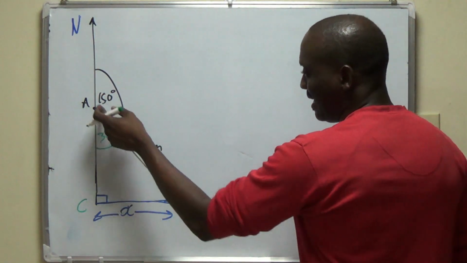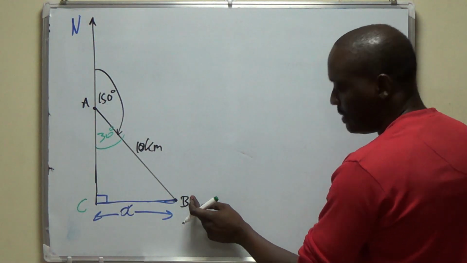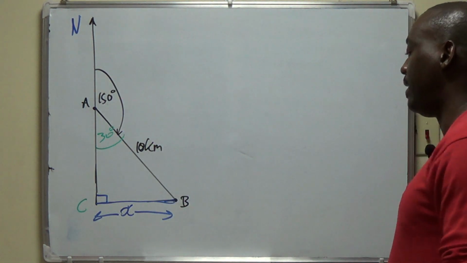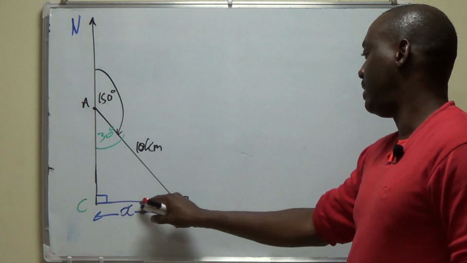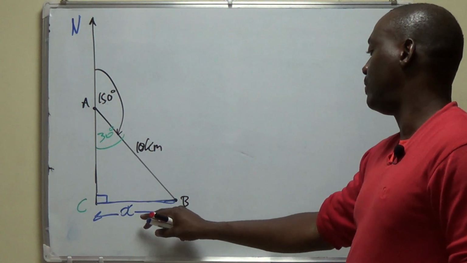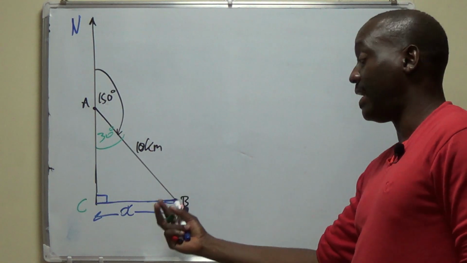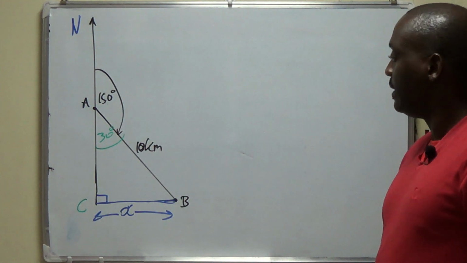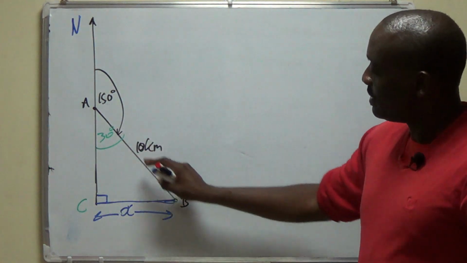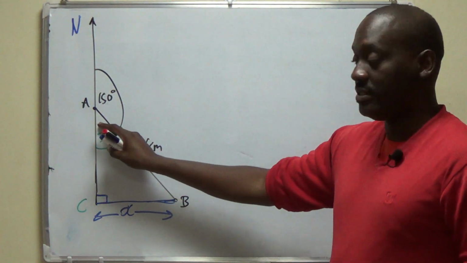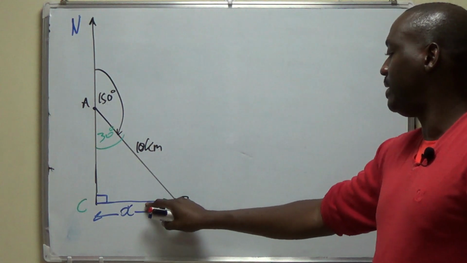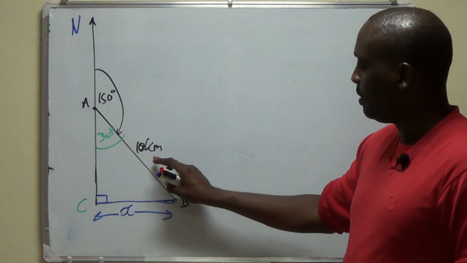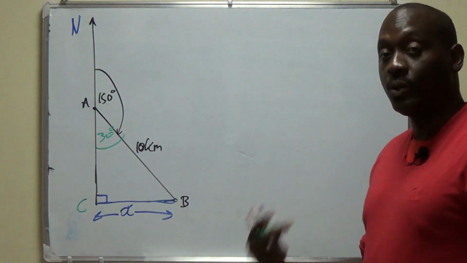And if this is 30 degrees and this is 10 kilometers, which means that 10 is your hypotenuse, then we now have to decide which one of your 3 trigonometric ratios we're going to use. If this is the hypotenuse and this is the angle under consideration, then this here would be the adjacent side, so that adjacent over hypotenuse would be cosine.